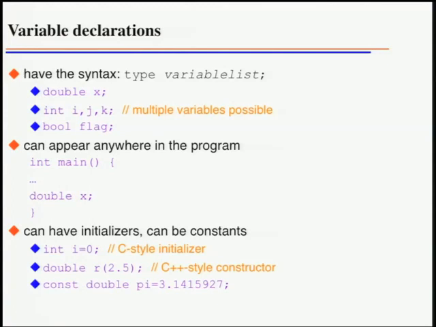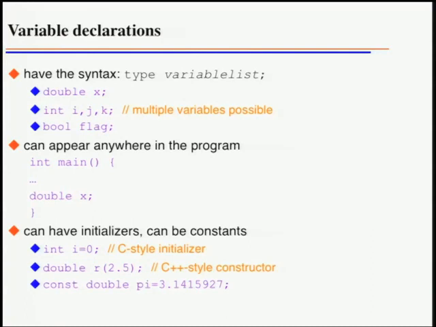Like here, the value I, which is an integer, is initialized to 0. That's a C-style initializer. You can also call the C++ style constructor with these parentheses after the name of the variable. Both will have the same effect. You declare a variable, and it will be assigned an initial value, 0 or 2.5. You can declare that the variable should be const, that is constant, and that means that any try to change the value of this variable later on in your code will fail, and the compiler will say that's a constant, you cannot change it.